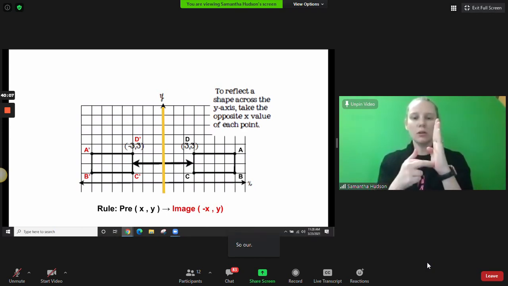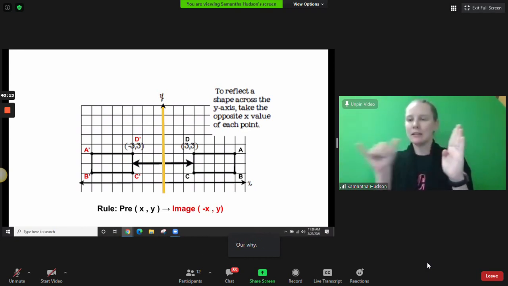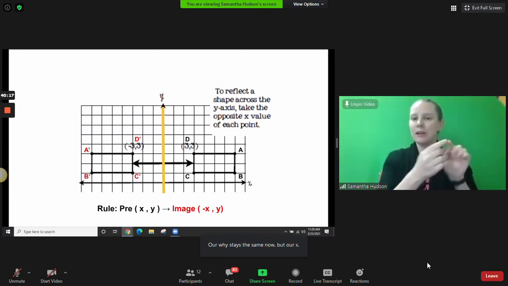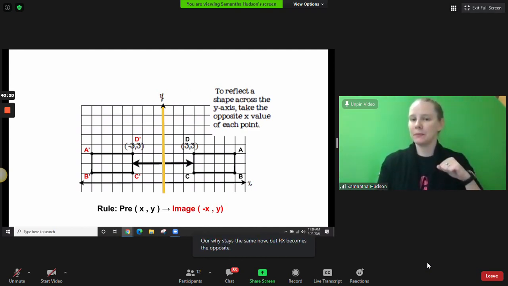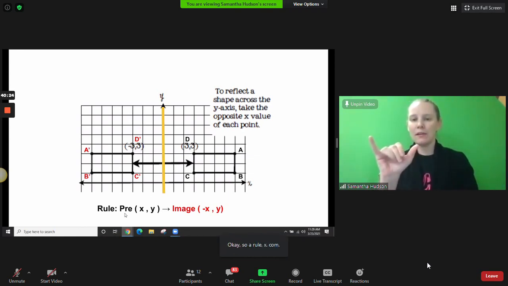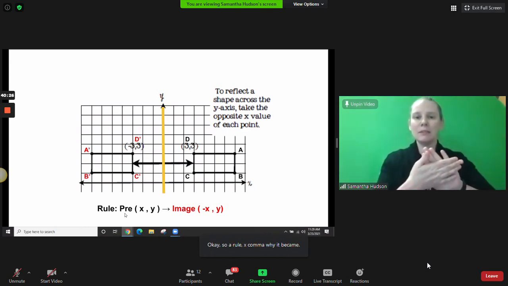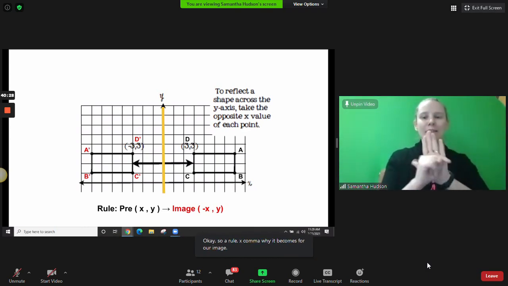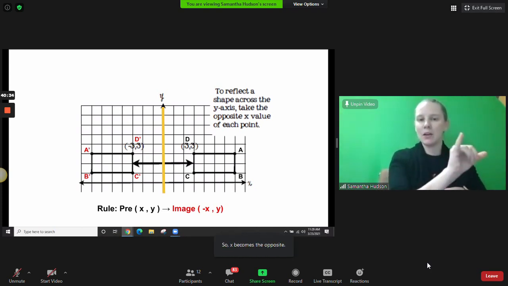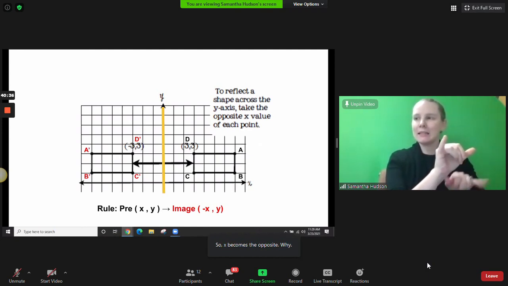So our rule for over the y, our y stays the same now, but our x becomes the opposite. Okay, so our rule, x comma y, it becomes, for our image, negative x comma y. So x becomes the opposite, y stays the same.